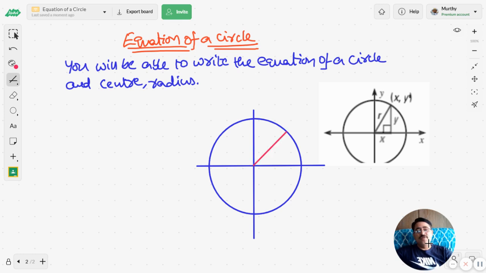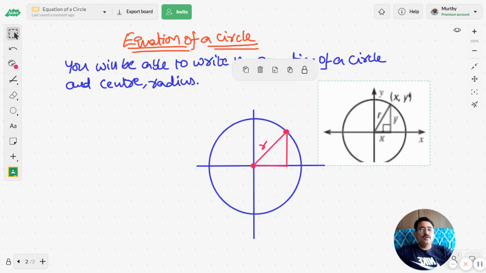You know that the line segment drawn from the center to the boundary is called the radius. Now let me make use of the Pythagorean theorem. So I'm drawing a vertical line and a horizontal line. If this one is disturbing, let me remove this one.